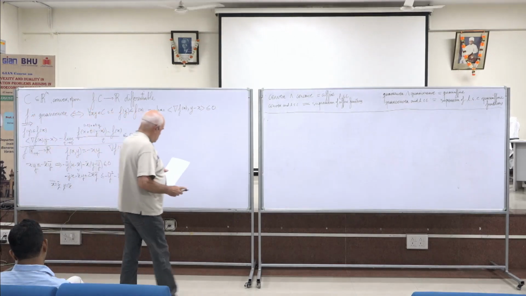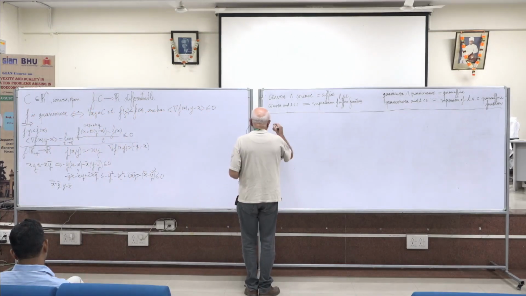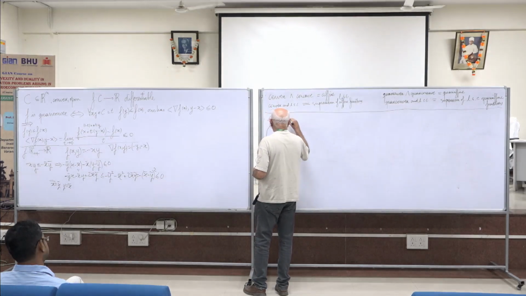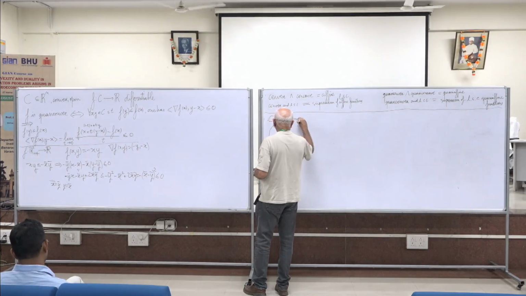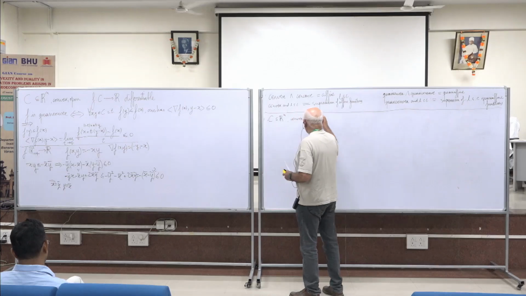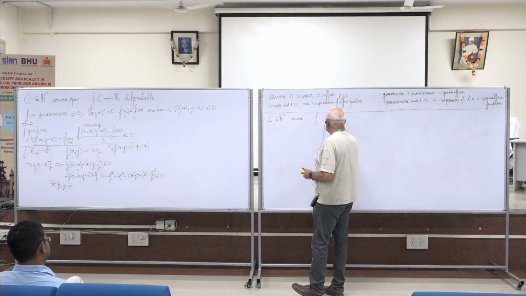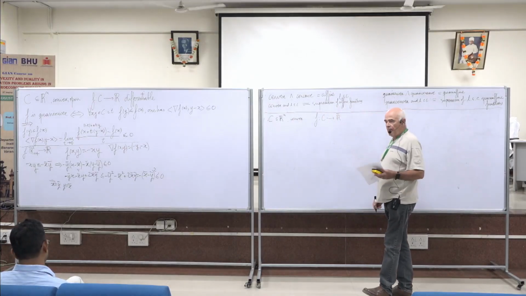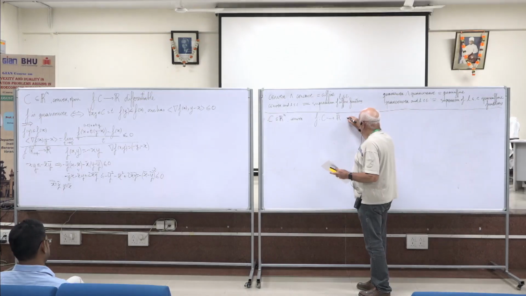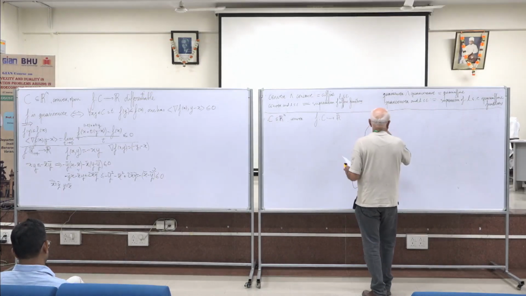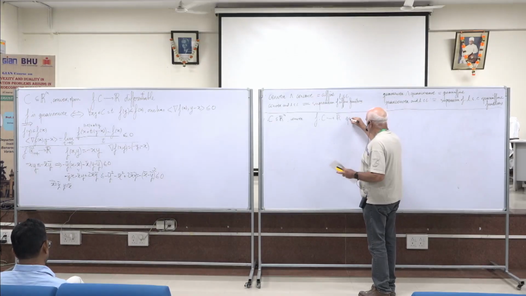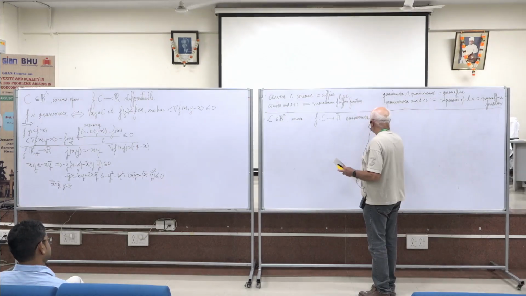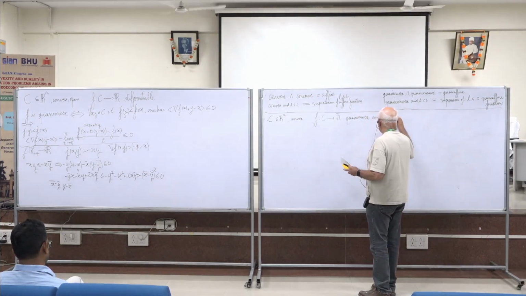So we have a convex set and a quasi-convex function, extended real value if you want, which is quasi-convex and lower semi-continuous.